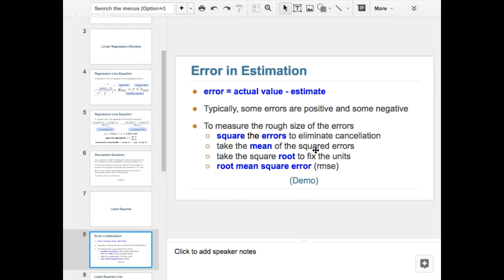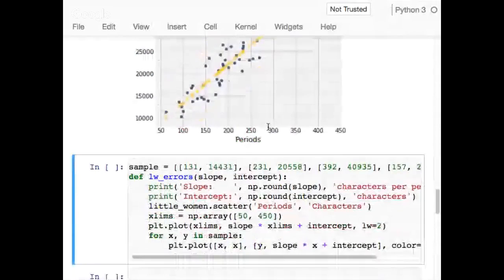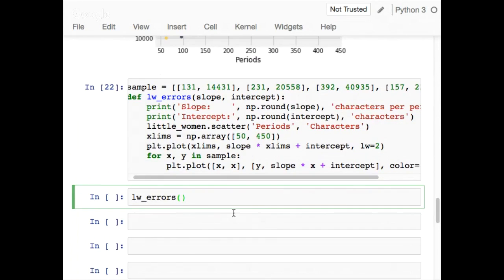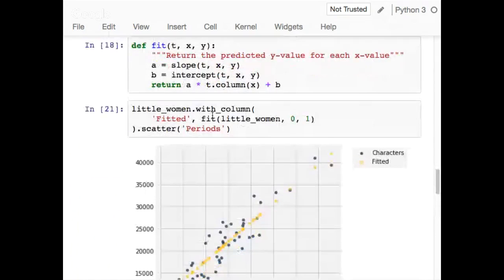First, let's demo this. I have a little function here that will draw the same thing, and I want to demonstrate the idea of error. Let us take this function here, which takes in a slope and an intercept and draws errors.